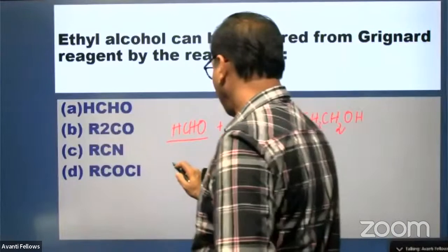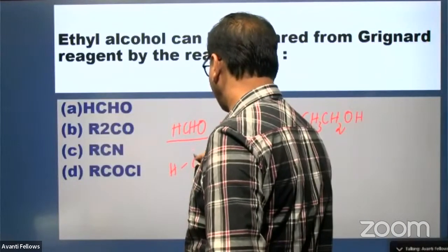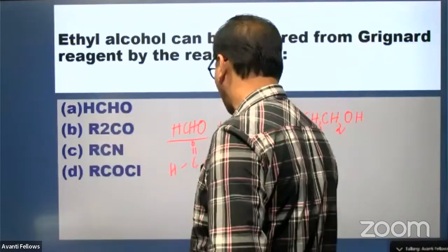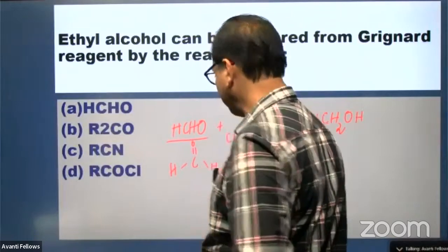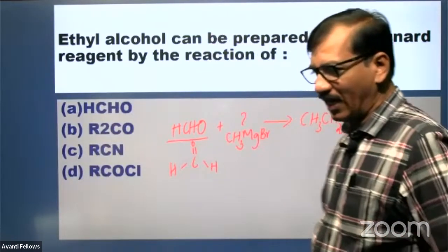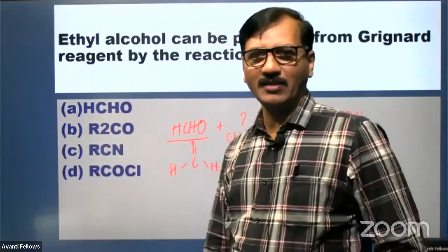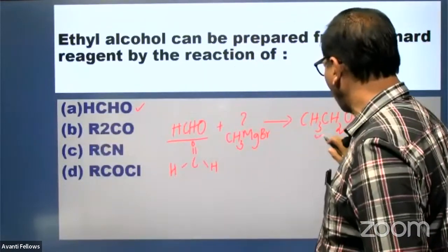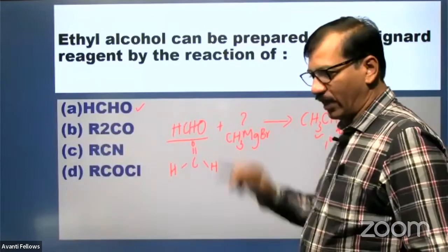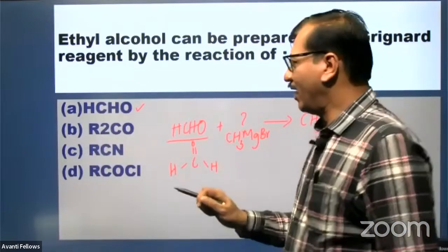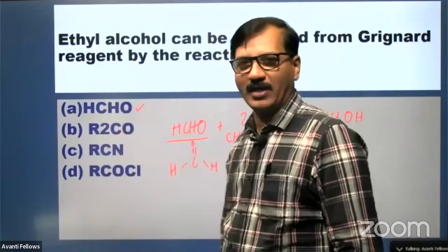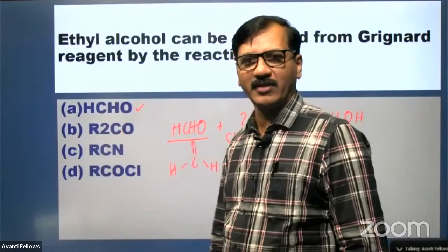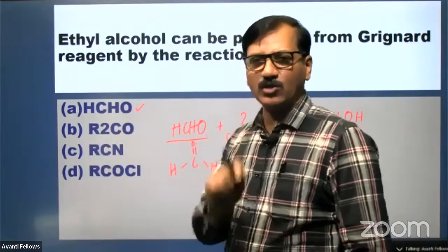How could you tell this answer so quickly without thinking about all these things? Some generalization made you remember. Formaldehyde will always give primary alcohol. Any other aldehyde other than formaldehyde will give secondary alcohol with Grignard reagent, and ketones will give tertiary alcohols.